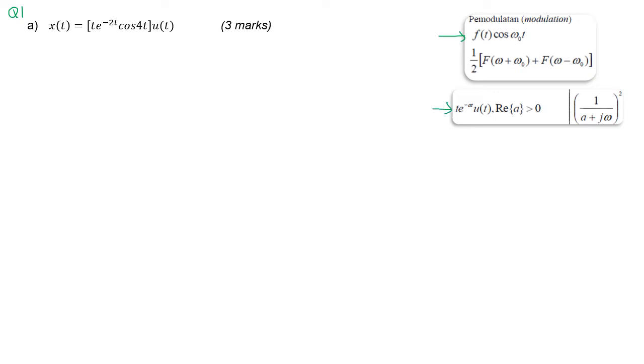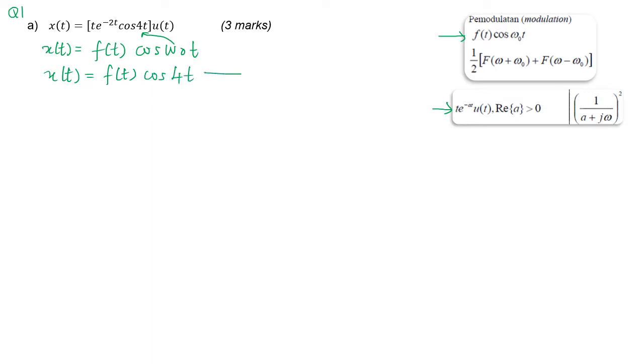So this equation can be rewritten as x(t) equal to f(t) cos omega naught t, in which omega naught is equal to 4 in this case, so x(t) equal to f(t) cos 4t.